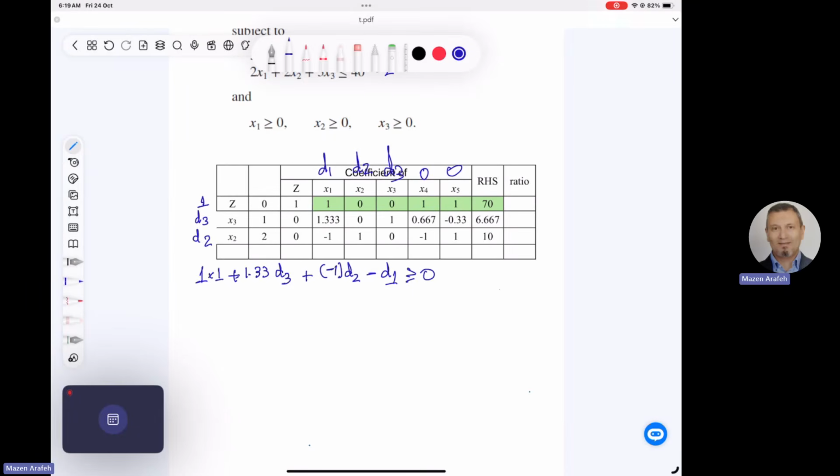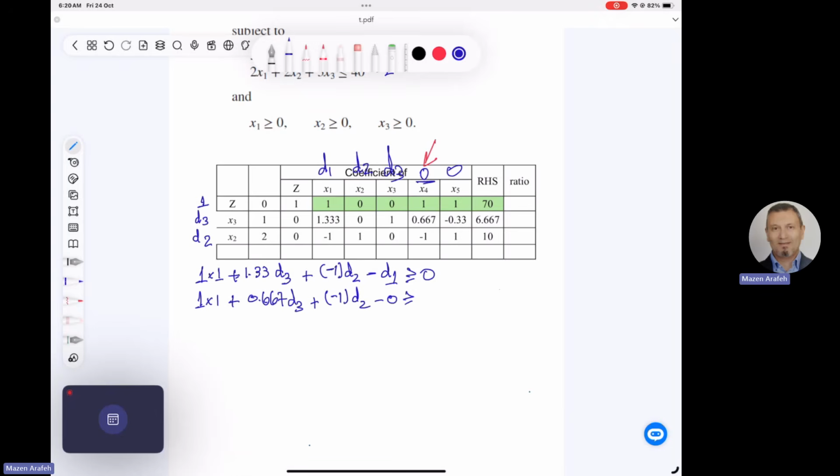Now let's write the second equation. The second equation, we are going to write it using the x4 column. I have again 1 times 1, plus 0.6667 times d3 plus negative 1 times d2. Now minus what? Minus 0, because I have a 0 here.